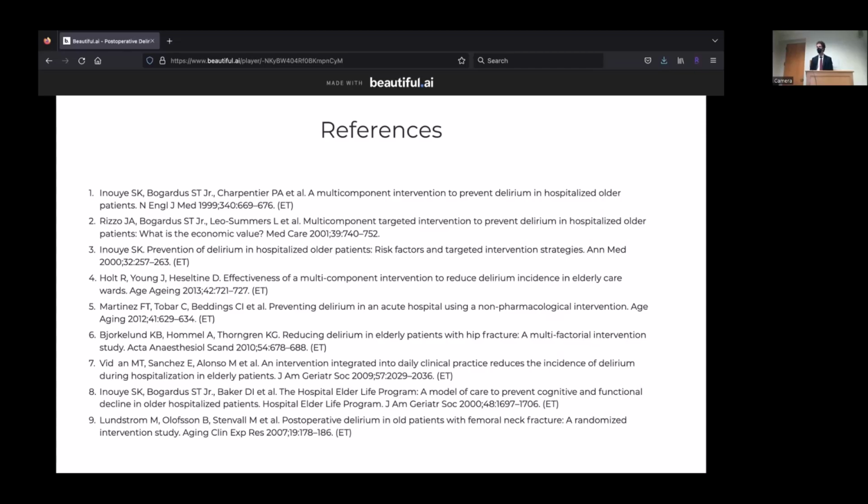So that might be another area, if you're going to do a survey, to maybe add a question like that to the survey.